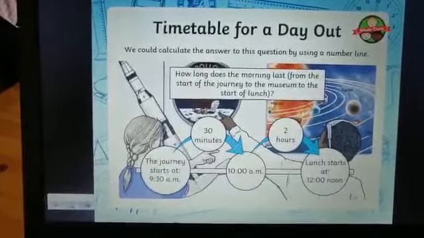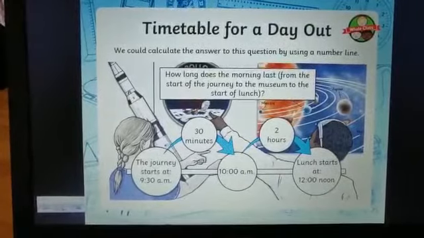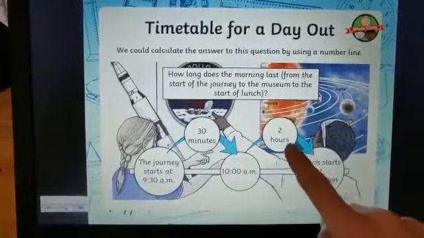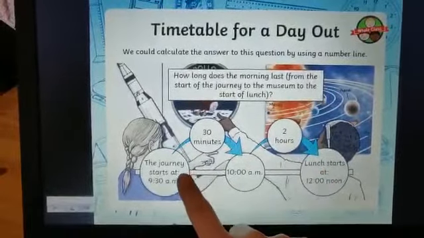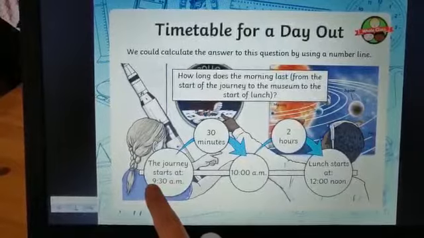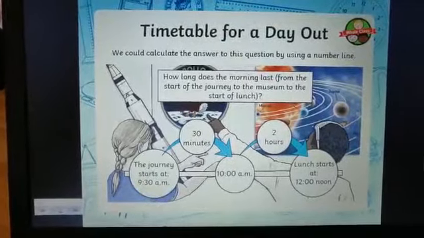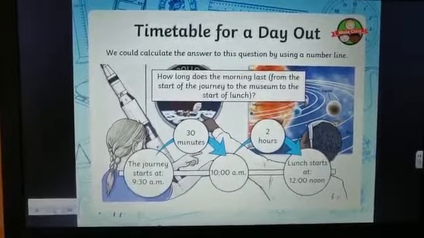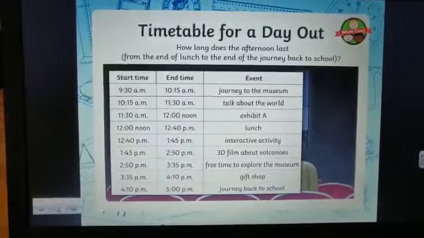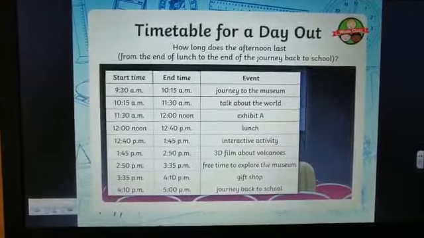It is really important that you make sure you have jotted down whether it is minutes or whether it is hours. Look at whether you're using the numbers after the colon or before the colon. So let's have another practice then using a number line. How long does the afternoon last?